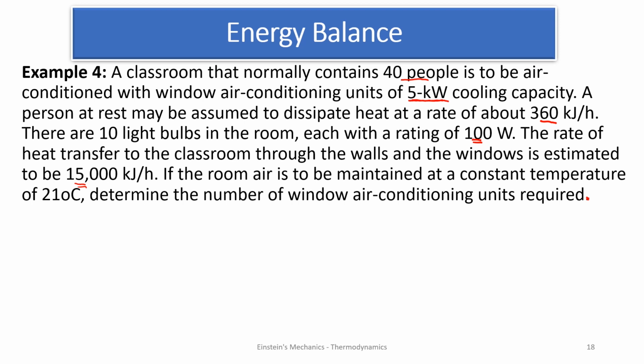They are telling us that for the room, there are 40 people and each one is dissipating heat of 360 inside the room. There are 10 light bulbs rated 100 watts. And from calculation, the heat transferred to the room through the walls and the windows is estimated to be 15,000. So let's make the analysis.